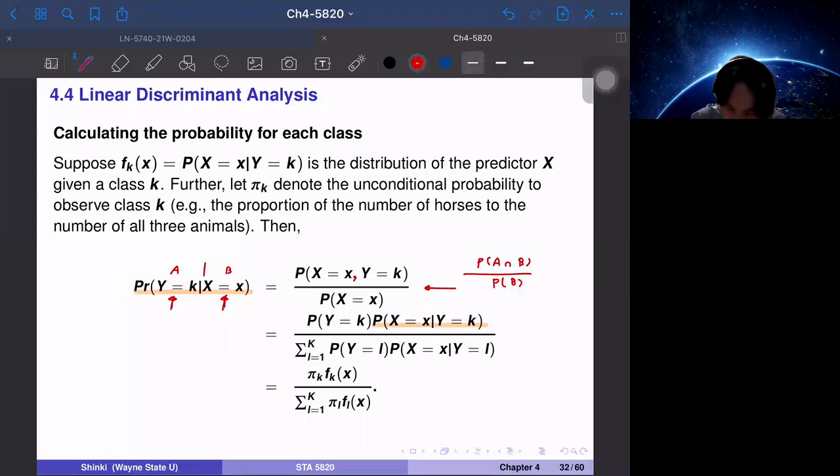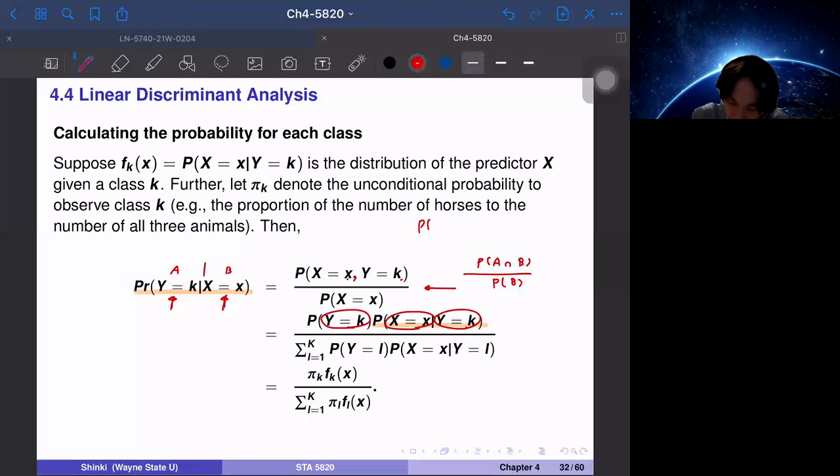Okay, now the second line. In general, this is true: X is equal to x and Y is equal to k means that at first Y should be equal to k, then given that condition, X should also be equal to x. So this is always true.